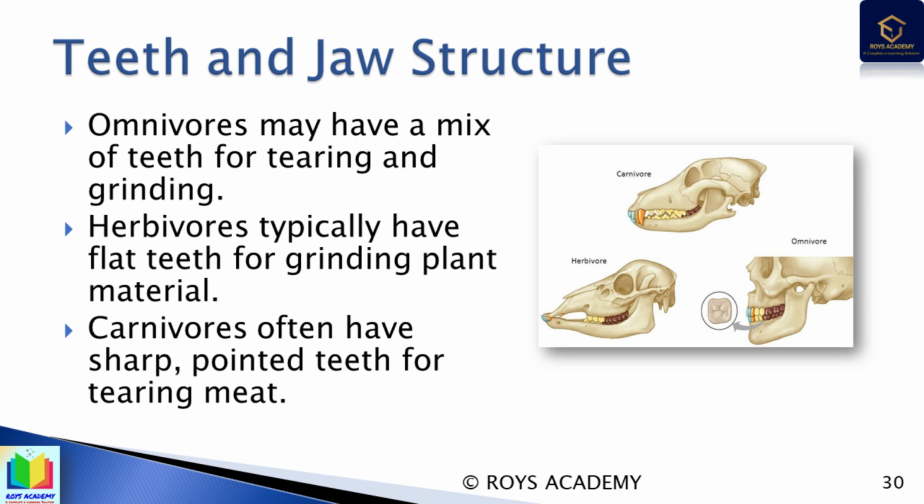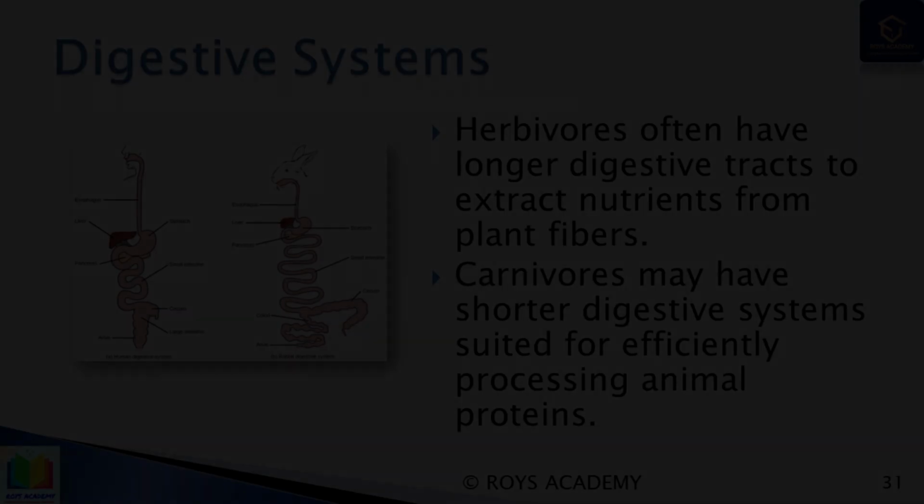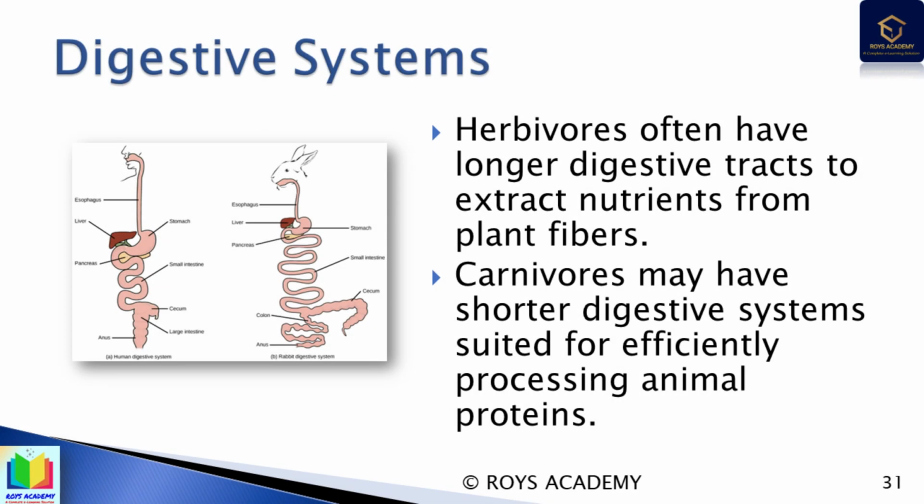Herbivores typically have flat teeth for grinding plant material. Carnivores often have sharp, pointed teeth for tearing meat. Digestive systems: herbivores often have longer digestive tracts to extract nutrients from plant fibers. Carnivores may have shorter digestive systems suited for efficiently processing animal proteins.